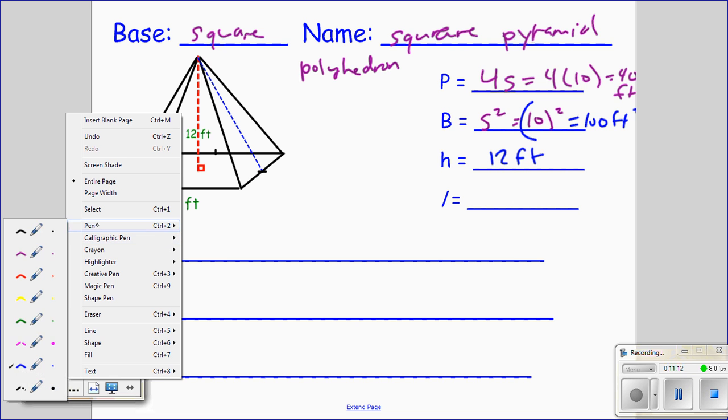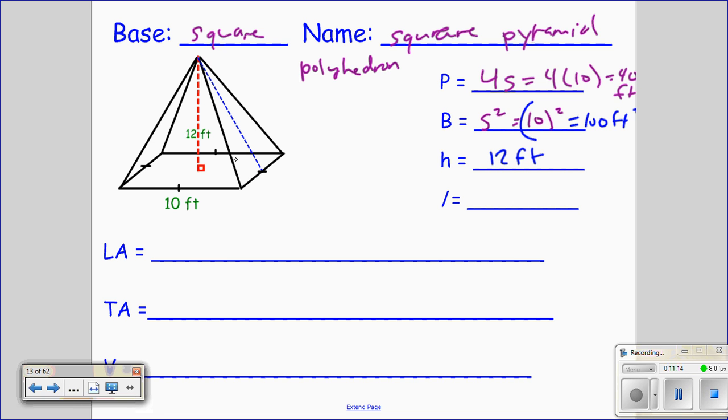So again, you could create a right triangle by connecting the 3D height to your slant height. So my 3D height is 12. The bottom portion is half of your side, so that means it's 5.